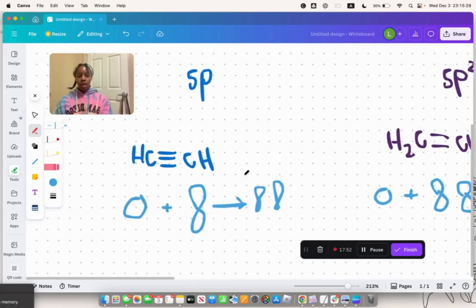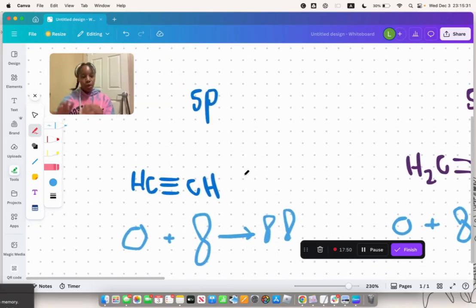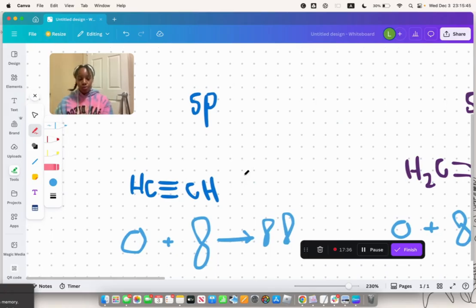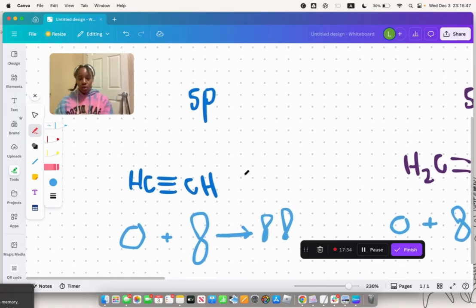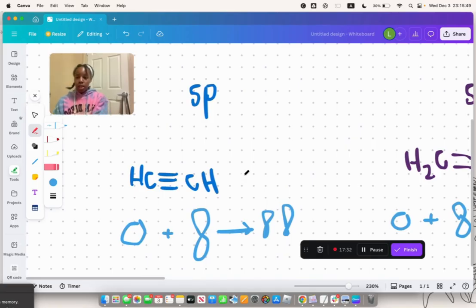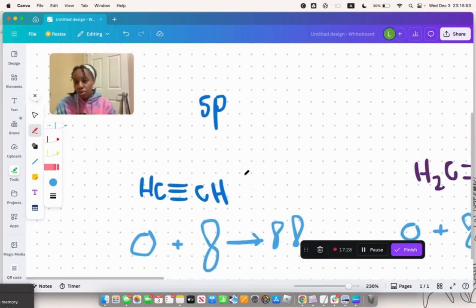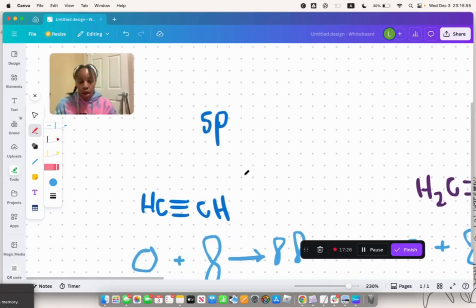So what I like to think about when I am looking at hybridization, like looking at other molecules, I really like to see how many bonds the carbon is making, which will ultimately tell you the hybridization of the molecule.